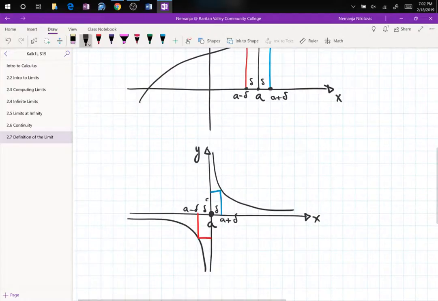But your epsilon on the y-axis is creating these two values here. Let's call them L1 and L2, I don't know. Now what happens as the delta goes in? As the delta goes in on both red and blue, your L1 star, let's say, and L2 star are further apart.